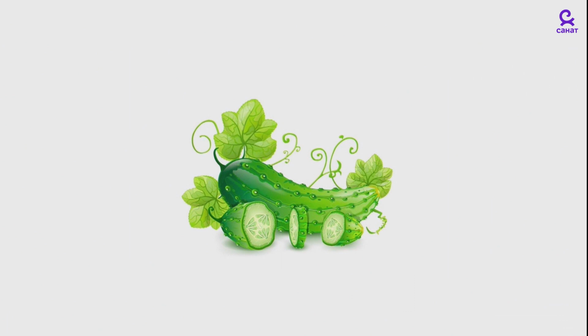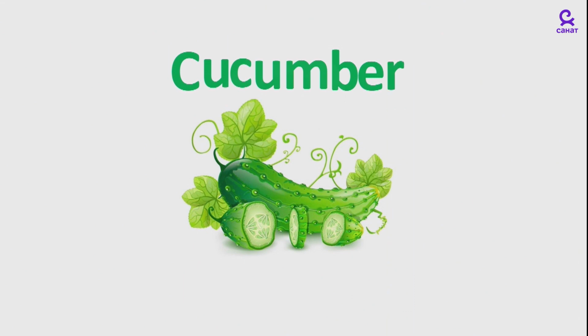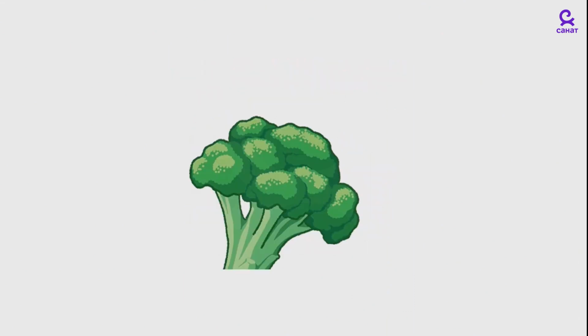It's cucumber. Let's repeat it all together. Cucumber. Cucumber. How do you spell it? C-U-C-U-M-B-E-R. Cucumber. What do you call this vegetable?